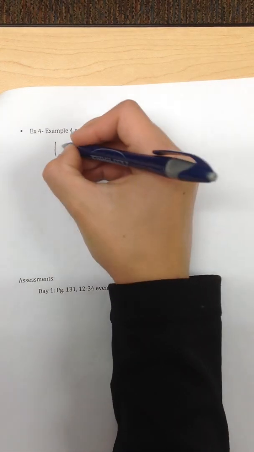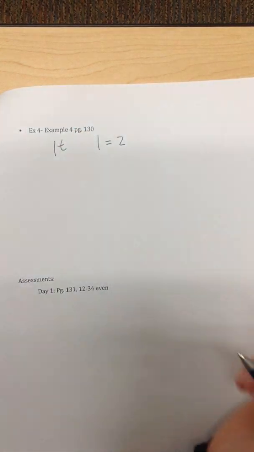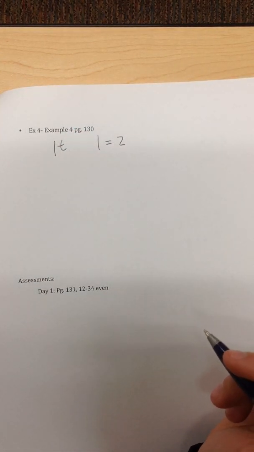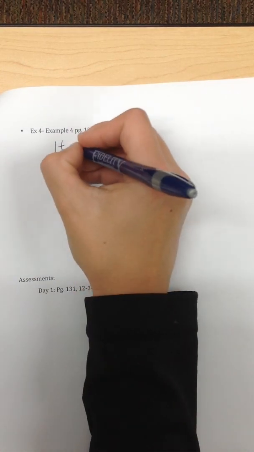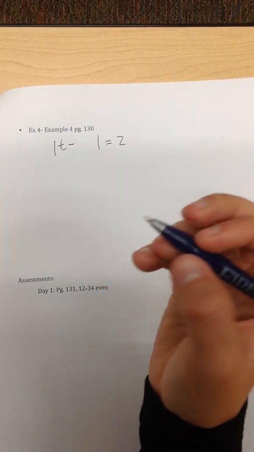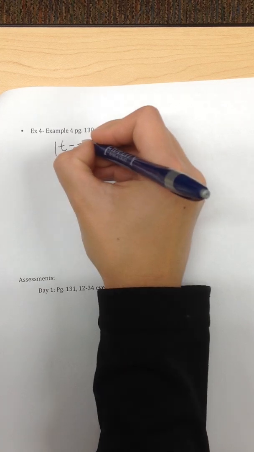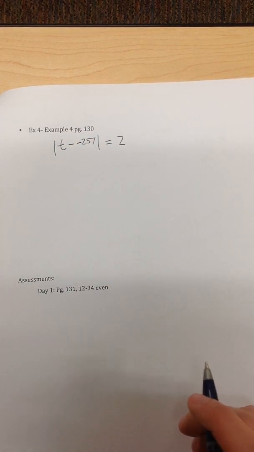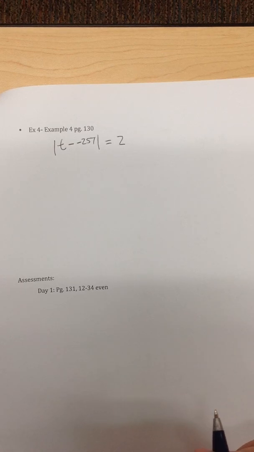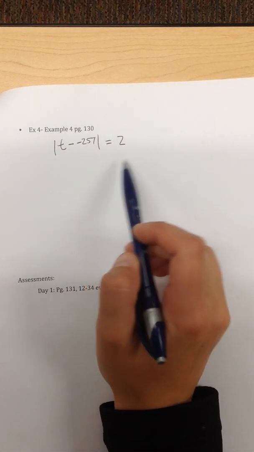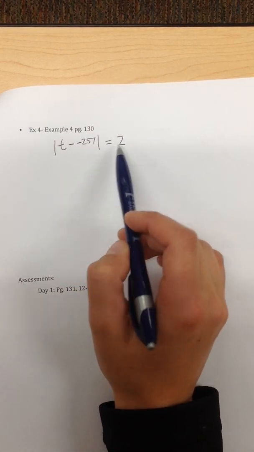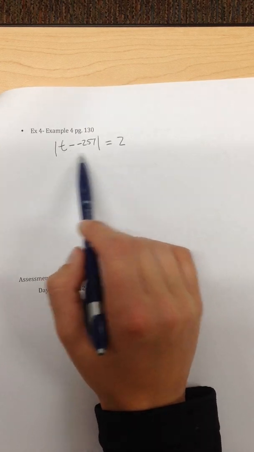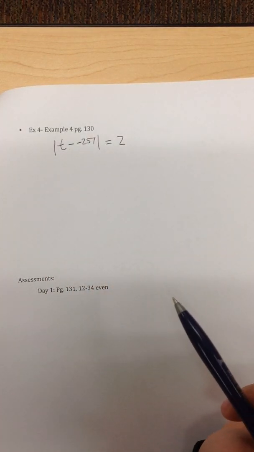Okay, now I've got my temperature, T, and I want the difference of that, difference means subtract, and then the difference of that with my -257 as a negative. Okay, so that's kind of the setup there. So our distance we want away on each side goes off to this side, and then our starting number goes inside those absolute values.